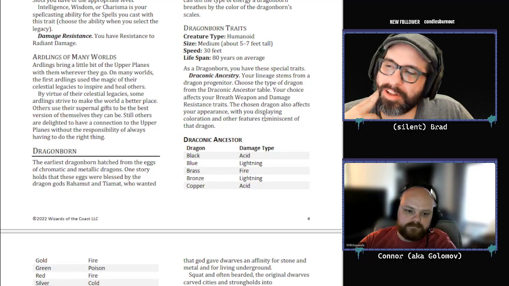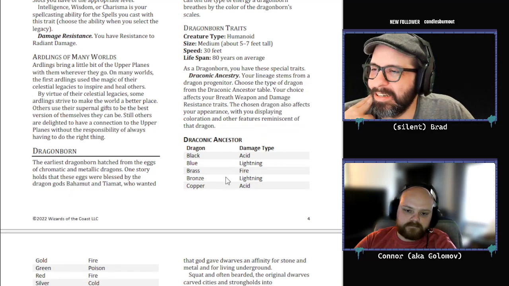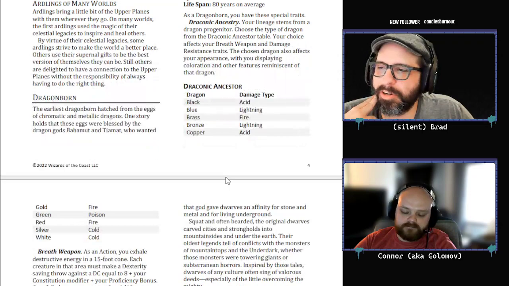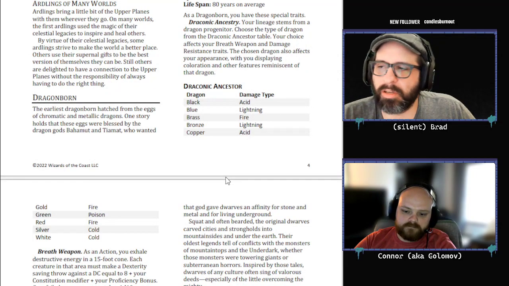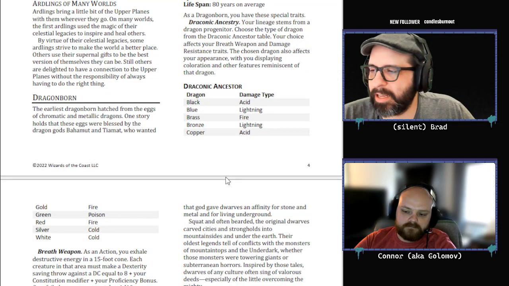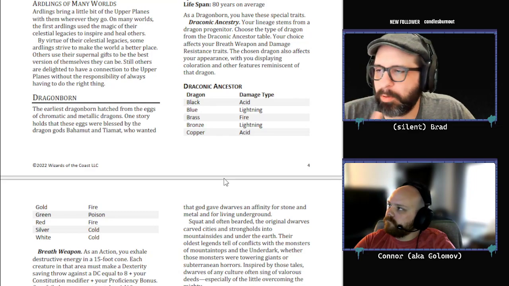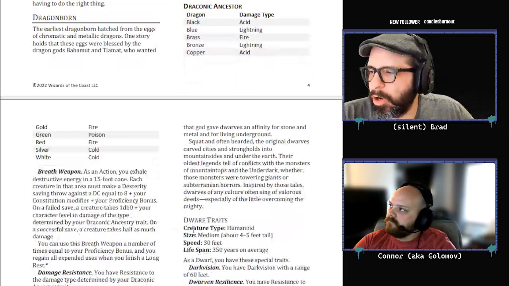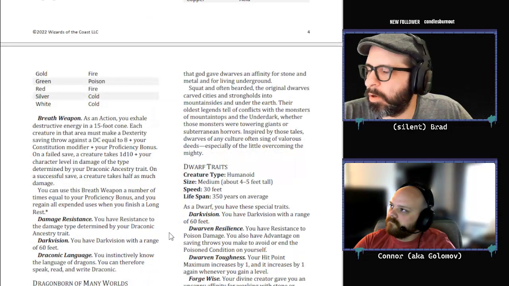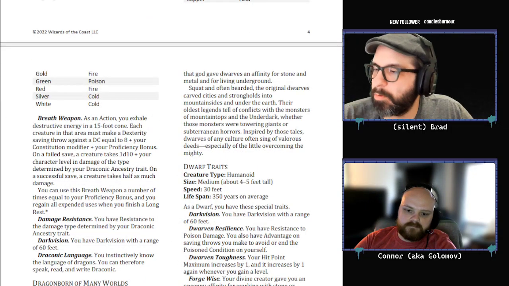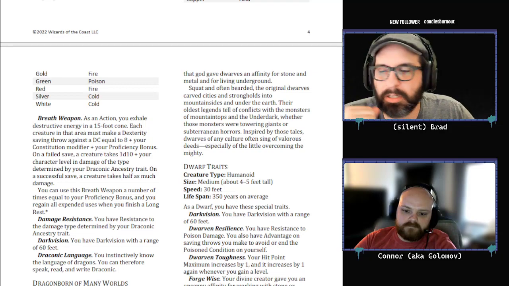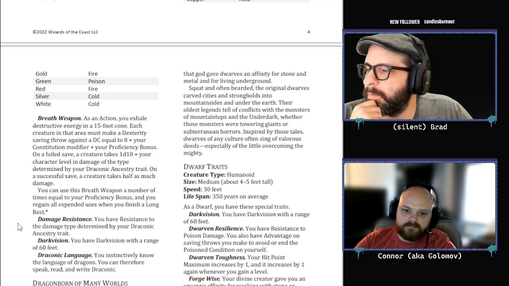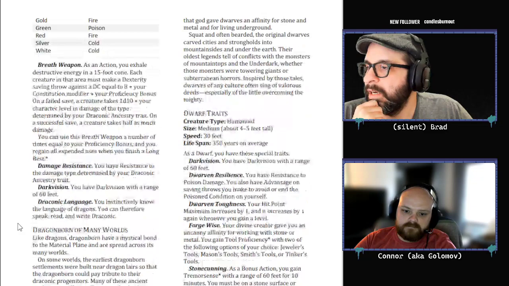So speed 30, lifespan 80, draconic ancestry. Everyone knows this. You got the chromatic and the metallic: black, blue, brass, bronze, copper, gold, green, red, silver, and white. So unlike in Fizban's, they're not separated and having the different abilities.